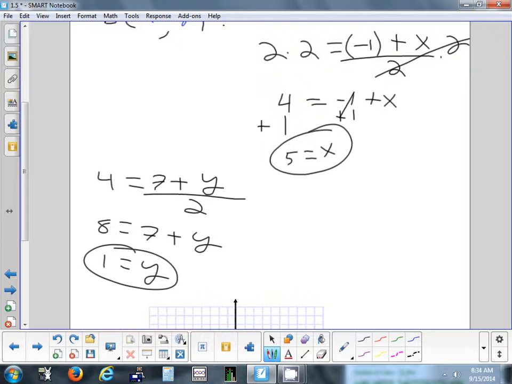Okay, so my midpoint is 5, 1. That's an algebraic way to do it. If you did it geometrically, you could use a grid and draw it out. But we'll stick with the algebraic way. Any questions on that?